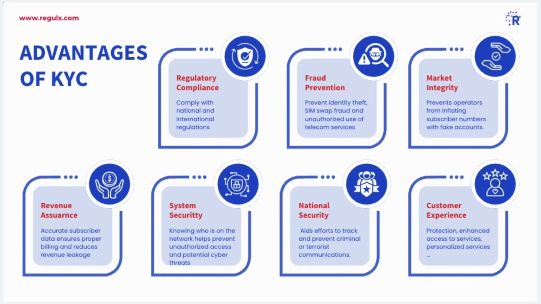There is also system security. When you know who is on your telecom system, it's easy to block unauthorized devices and numbers from accessing your network. There is also national security, because when you can link a phone to a subscriber, you can easily track criminals and also prevent some illicit activities.